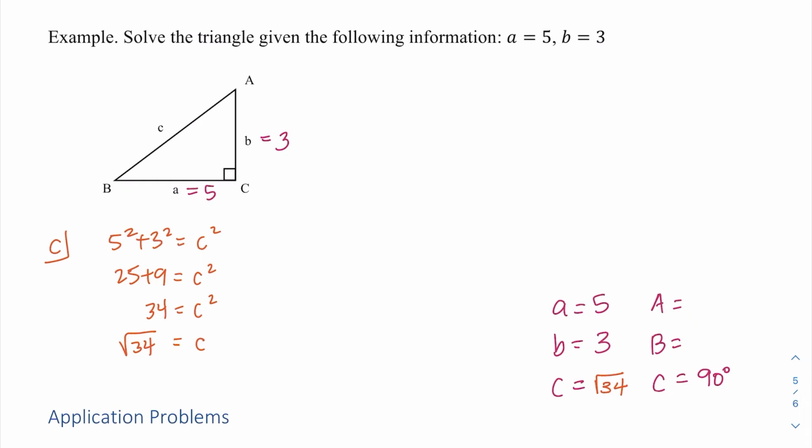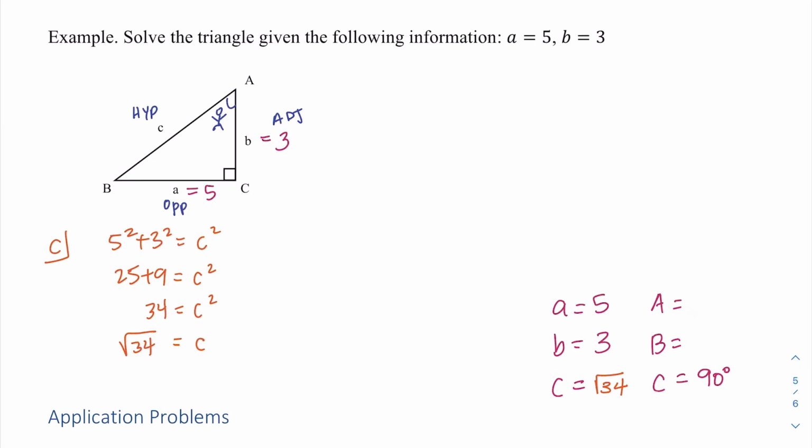Okay, great. So now I can find the measure of big angle A or B. It doesn't really matter where I start, so I'll start with A. If I'm a little bug or a person, some living thing, standing at A, then 5 is going to be my opposite side, and 3 is going to be the adjacent. Of course, c will be the hypotenuse, but I really just need two side lengths here.